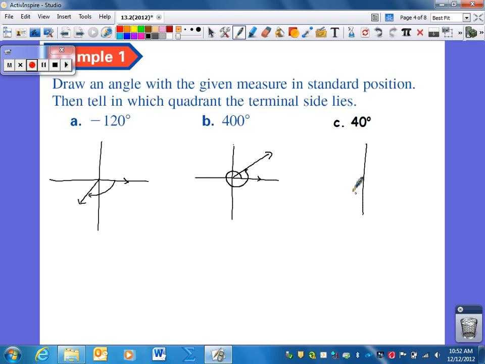So now if I come over here to 40 degrees, I'm rotating upwards. And there's my 40-degree angle. It does look different. Went a little wide on that one. But like I said, we're not going to go through and measure with protractors. Obviously, you can't draw me this angle for a 40-degree angle.